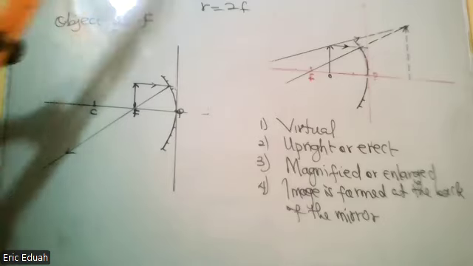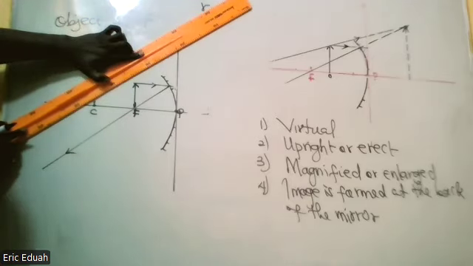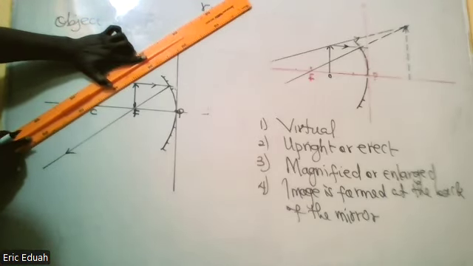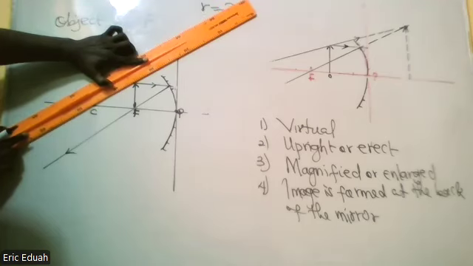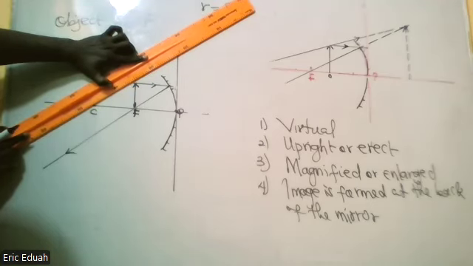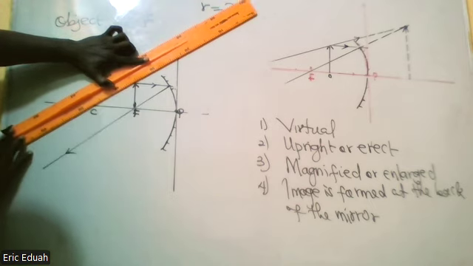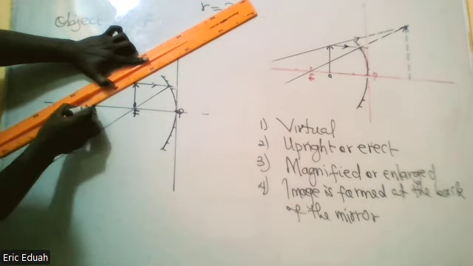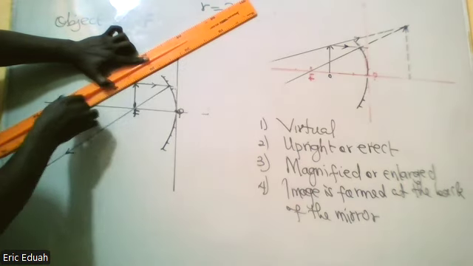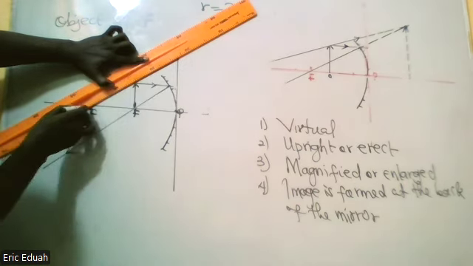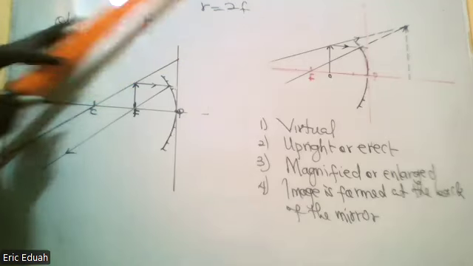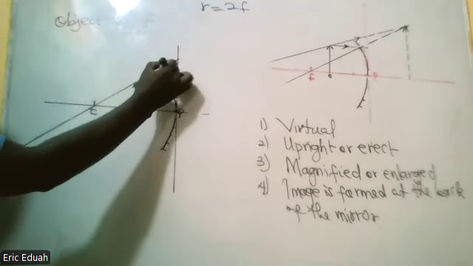A ray of light hitting the mirror at 90 degrees, after reflection, must pass through C. So that is the incident ray.